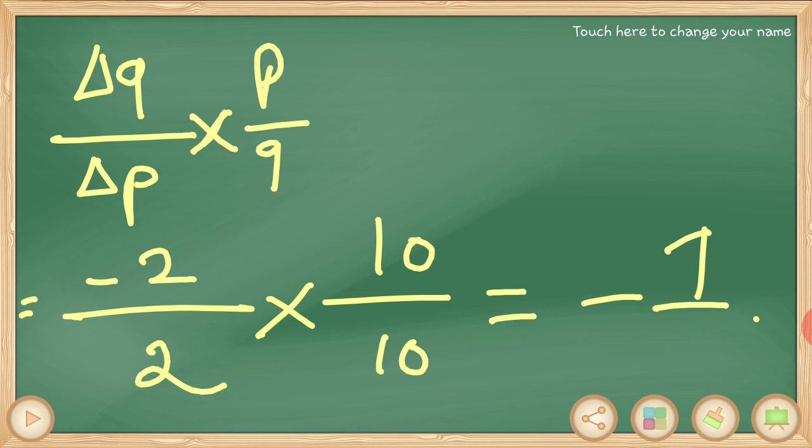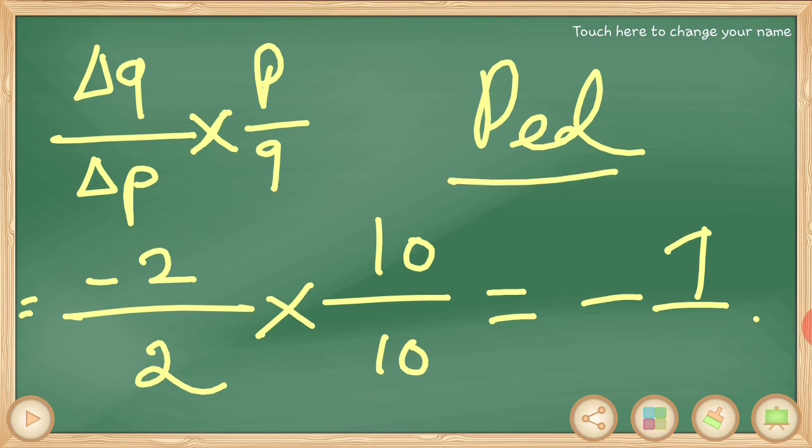Dear students, the price elasticity of demand is always negative. Universally, we consider the price elasticity of demand with the negative sign ignored.